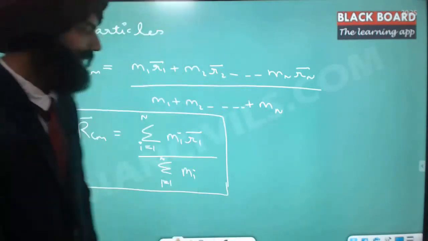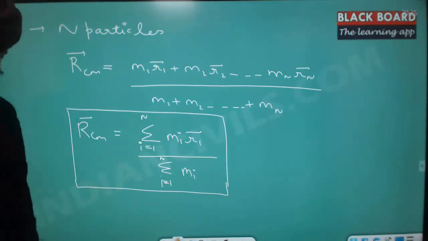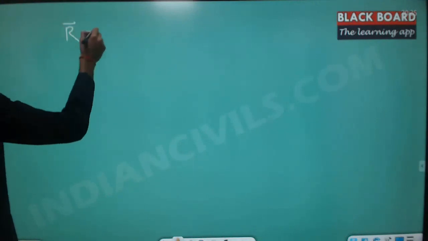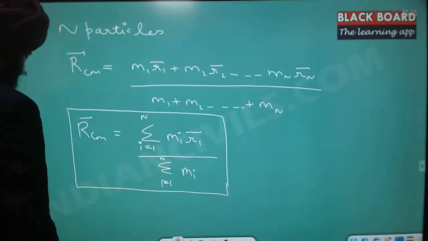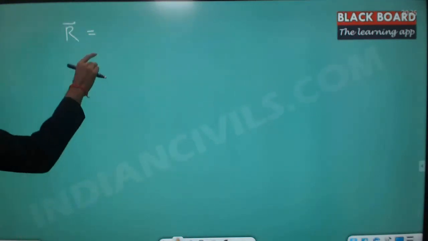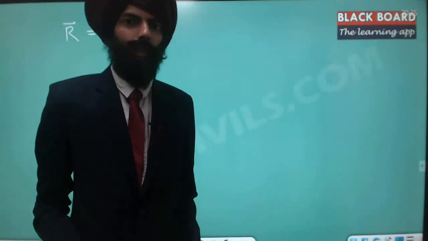Okay, in that case, although the general expression kind of remains same, instead of summation, here we did summation because there were a finite number of particles. Since in a rigid body, it's practically an infinite number of particles, instead of summation, we do integration.